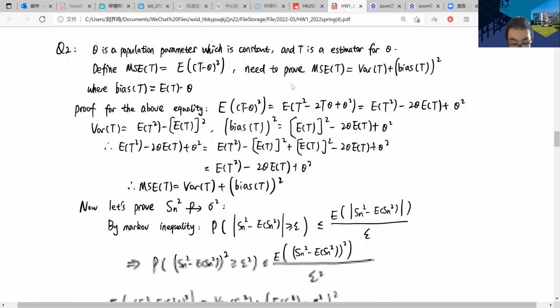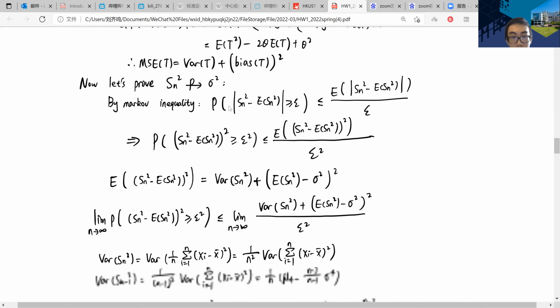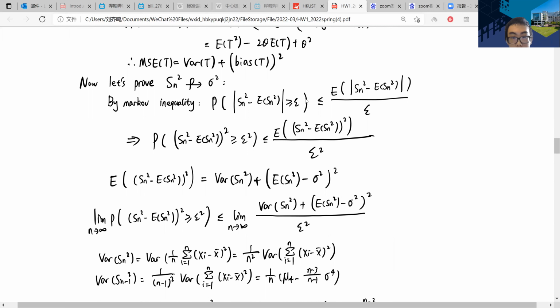Now comes the second question. The second question asked me to show that Sn squared converges to sigma squared in probability. So by the Markov inequality, this inequality holds.